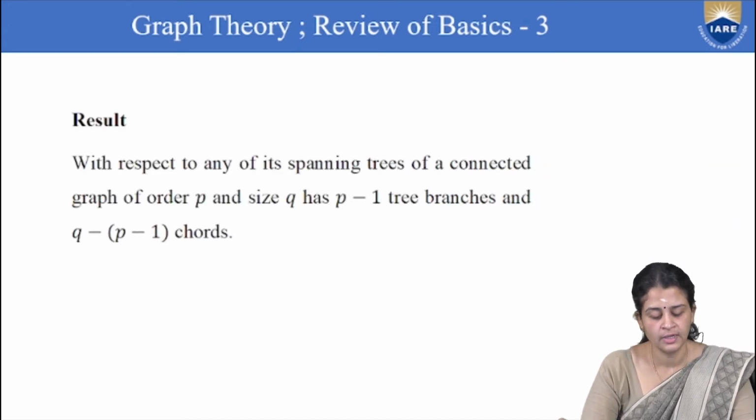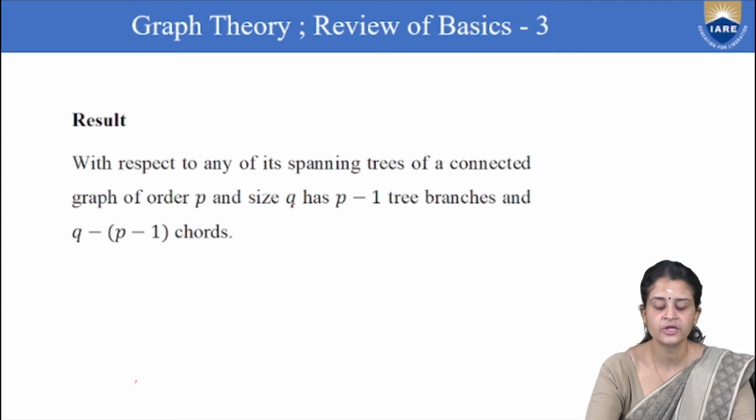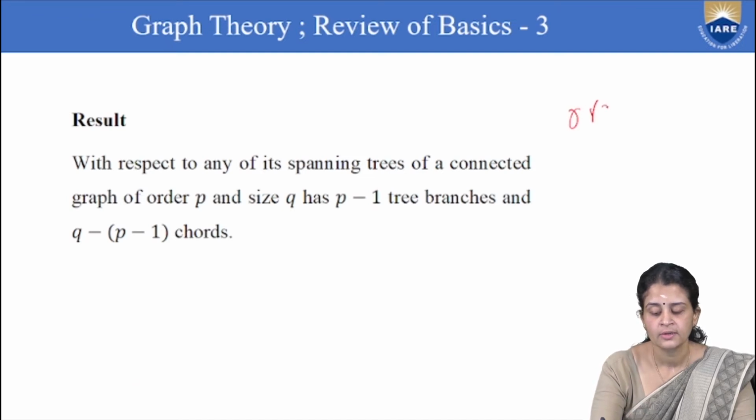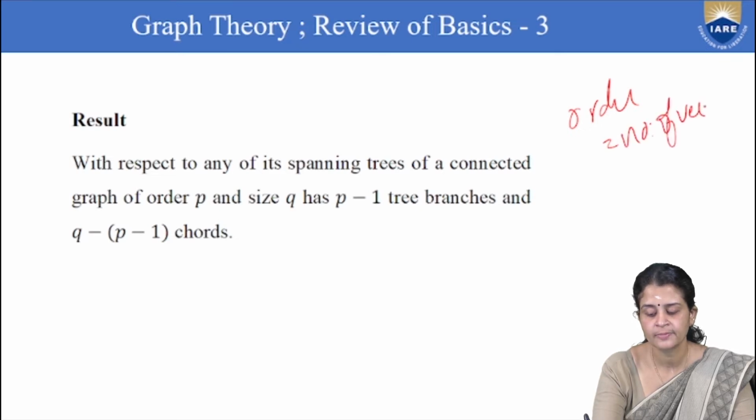Now we can have another result. With respect to any of the spanning trees of a connected graph G of order P and size Q, there are P minus 1 tree branches and Q minus P plus 1 chords. What are the order and size of a graph? I hope you remember: order is the number of vertices and size is the number of edges of a graph.